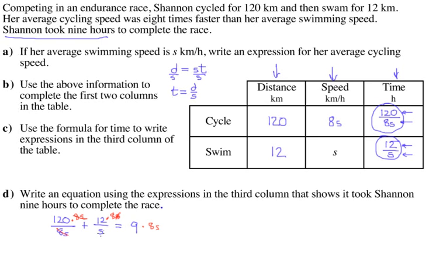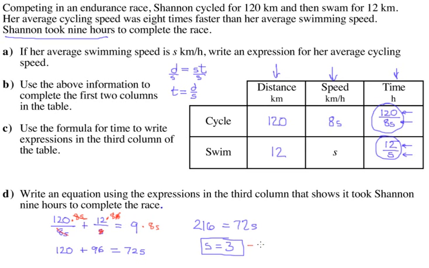Here only the s's cancel, the 8's survive, and here nothing cancels. So we get 120 plus 12 times 8 is 96 equals 9 times 8 is 72s. Add those up, you get 216 equals 72s. Divide by 72 and you get s equals 3.